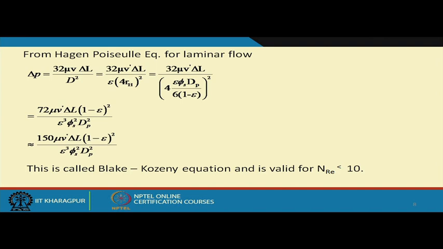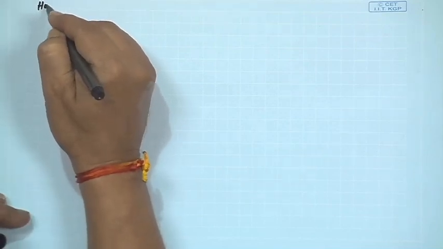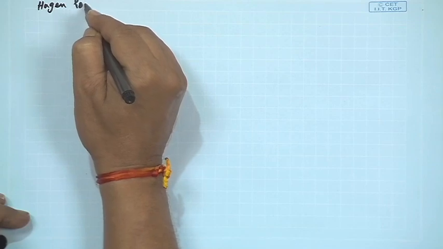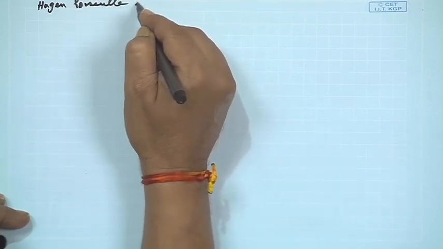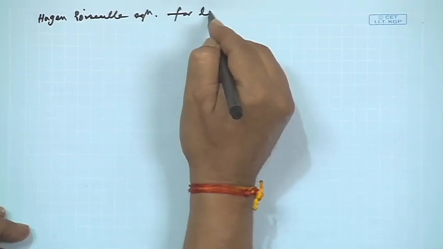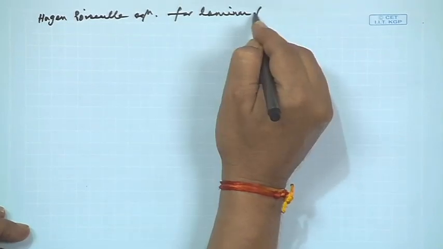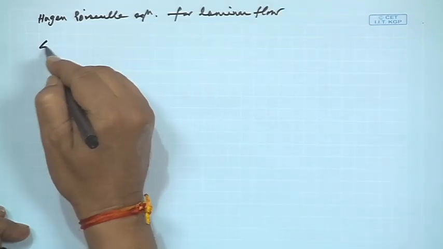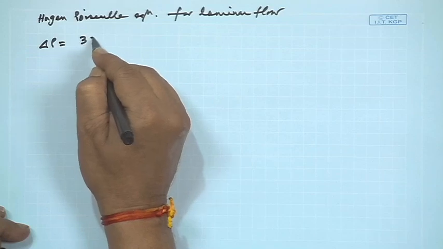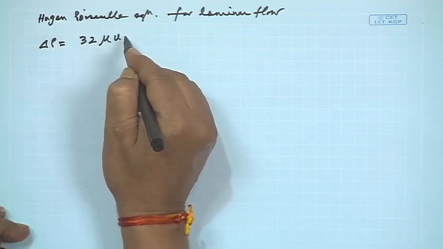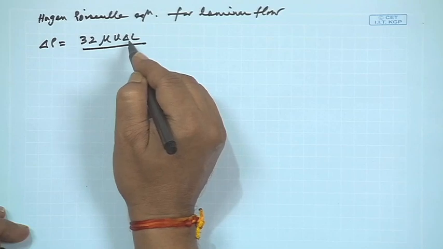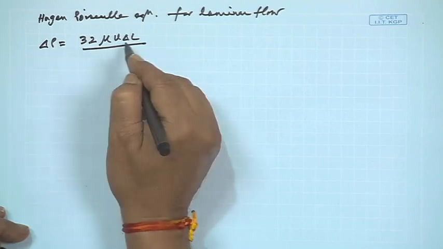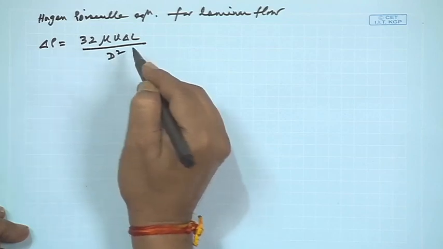Now from the Hagen-Poiseuille equation, for laminar flow, we have seen that delta P was equal to 32 mu V delta L over d square, right.